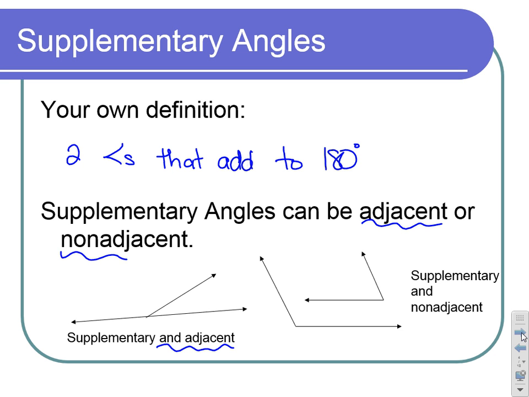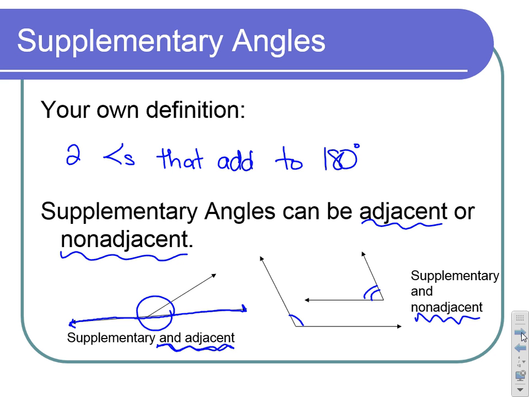And they can be non-adjacent, which means they don't have to be touching, but they still can equal 180. You would just take this angle plus this angle and say those add up to give you 180. And with them being supplementary and adjacent, those two would add up to form this straight angle, which is 180. It is a straight line.